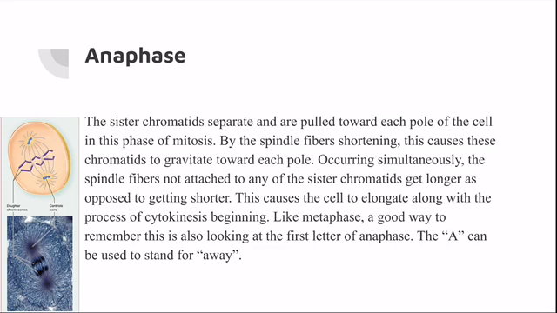This causes the cell to elongate along with the process of cytokinesis beginning. Like metaphase, a good way to remember this is also looking at the first letter of anaphase. The A can be used to stand for away. Shown in the diagram, you can see the beginning of the sister chromatids being pulled towards each pole of the cell.